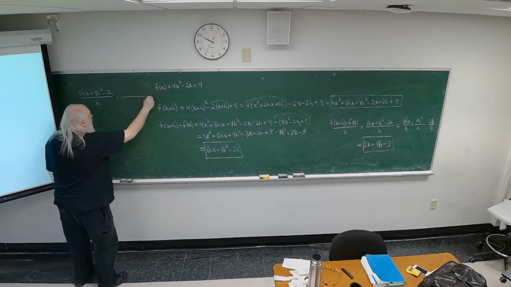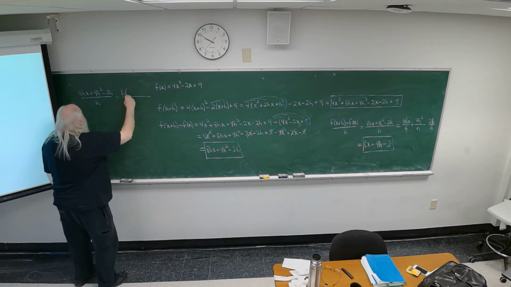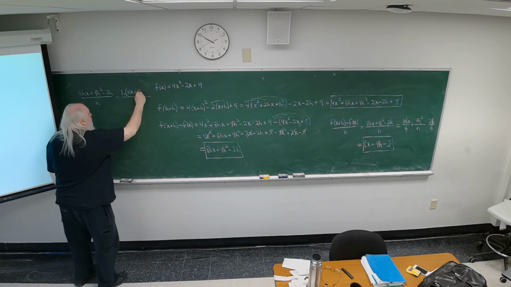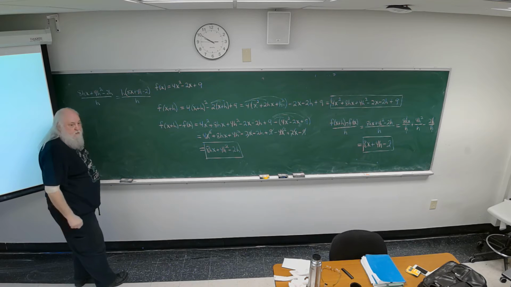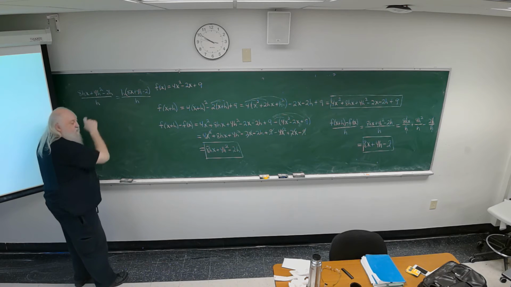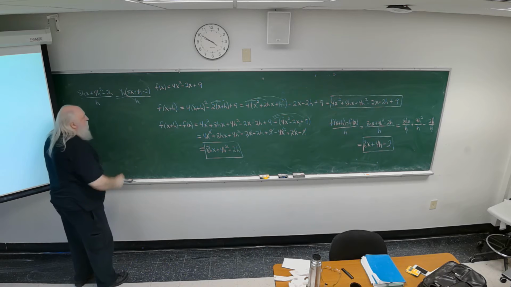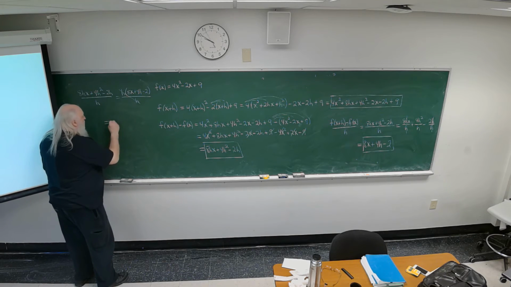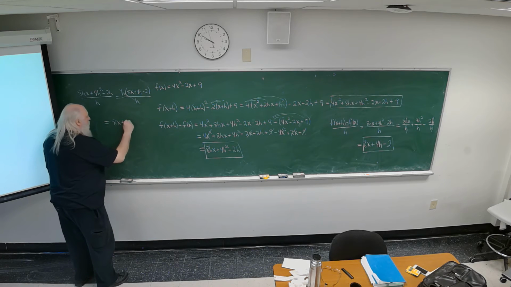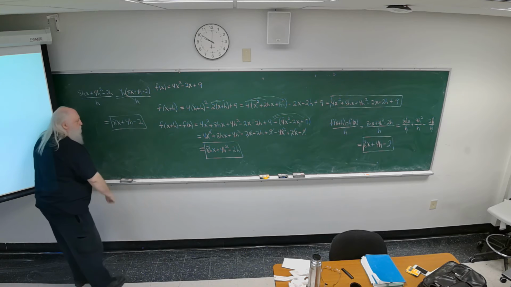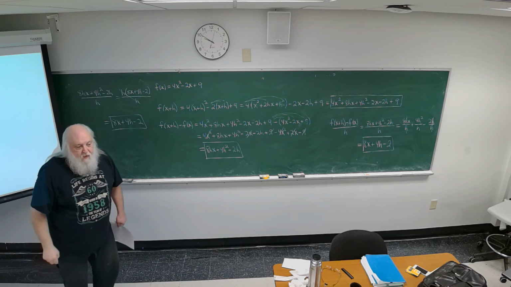When you do that, you have h times 8x plus 4h minus 2, over h, right? H is a common factor in those three terms, so you can factor out h. And now those two cancel, and you're left with 8x plus 4h minus 2. Same thing as we got over there.